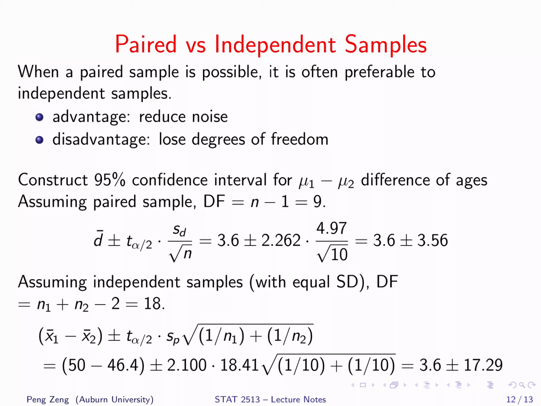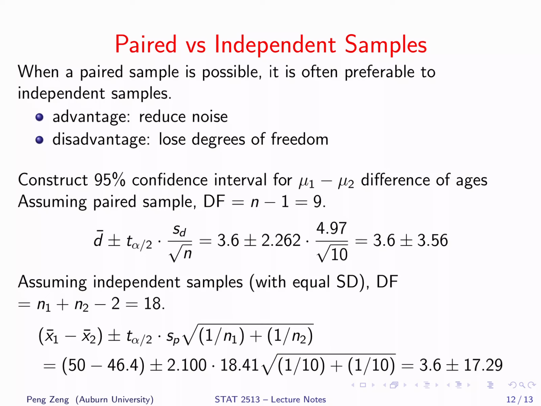The 95% confidence interval in this case is 3.6 plus minus 17.29. Notice that the margin of error in this case is 17.29, which is much larger than the margin of error obtained by paired samples. You can see that the paired samples lead to a smaller margin of error, which indicates a more accurate result.